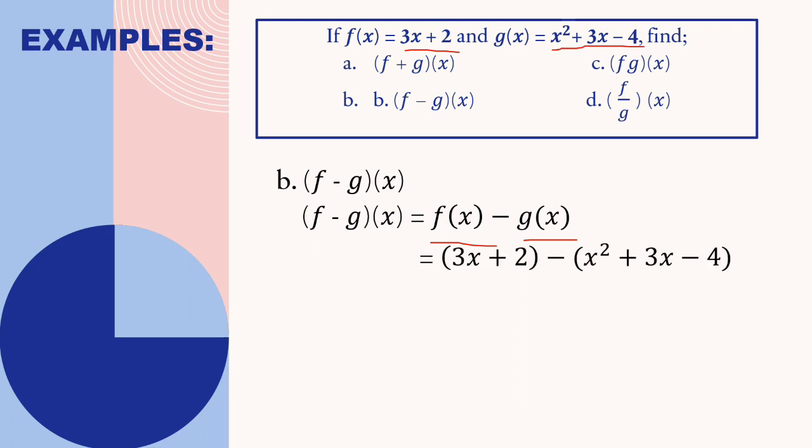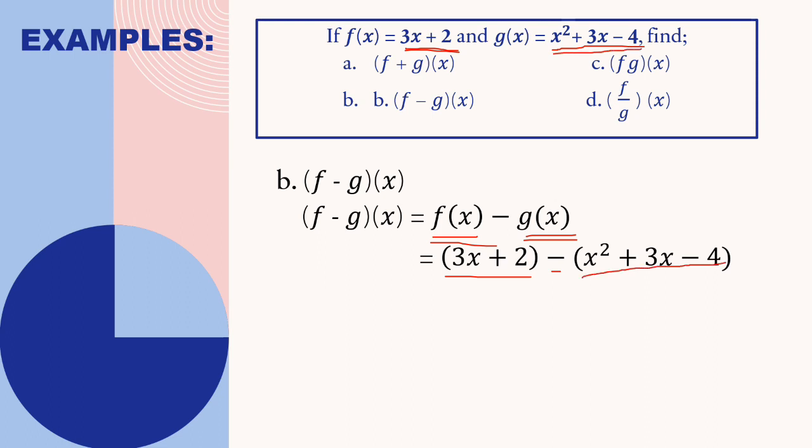So next, what will we do? We substitute. So f of x here is 3x plus 2 minus g of x. So g of x here is, yes, x squared plus 3x minus 4.